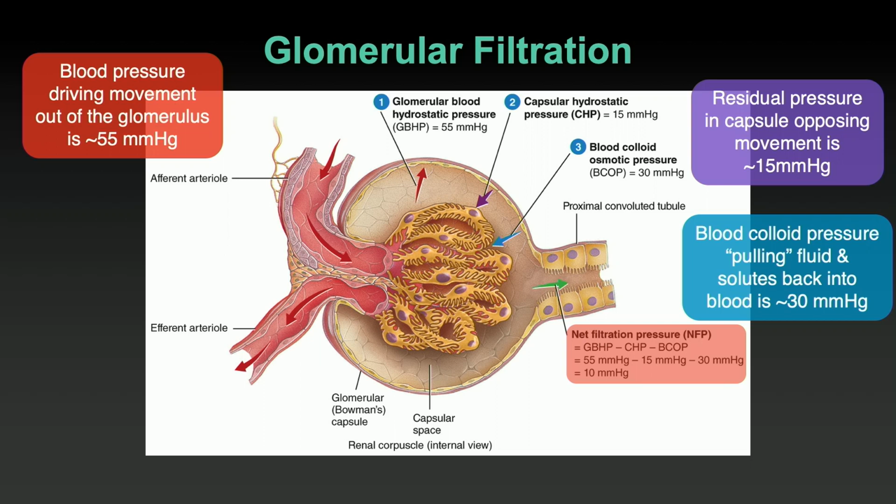Again, that never happens here, but you can understand what I'm trying to illustrate. It's about 10 millimeters of mercury, and we can change that number. We can change the rate of filtration by modifying blood pressure in the arterioles. So what we're talking about today is how we modify that pressure.